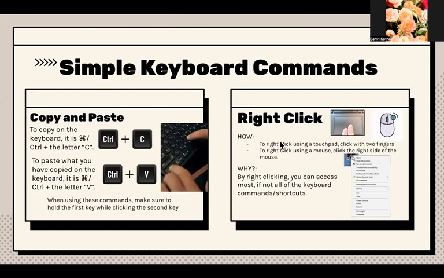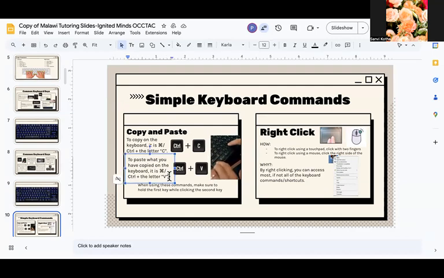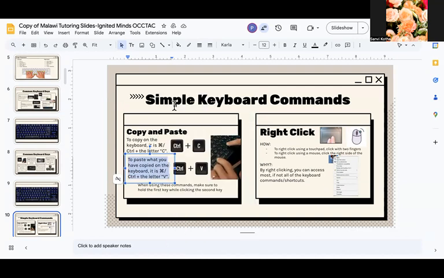Let's see that for copy and pasting using the right click. So let's try to copy and paste the paste section. So let's select everything. Since I use a touchpad, I will be clicking with two fingers. And then you'll be able to see the copy option. Click on that.